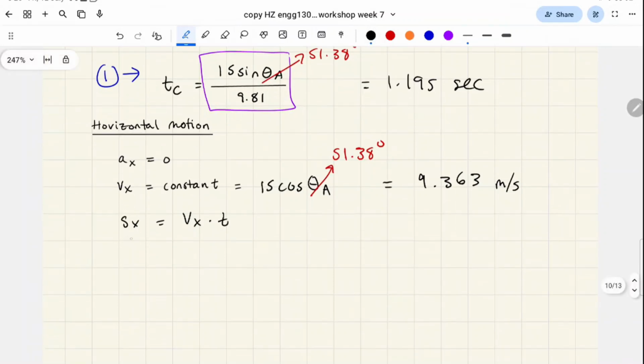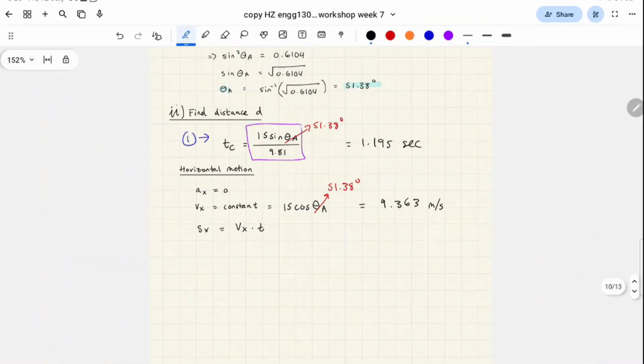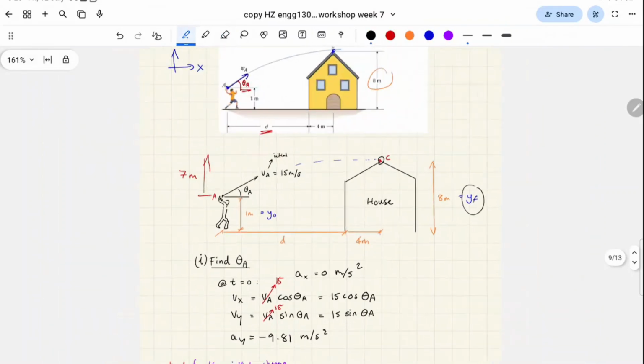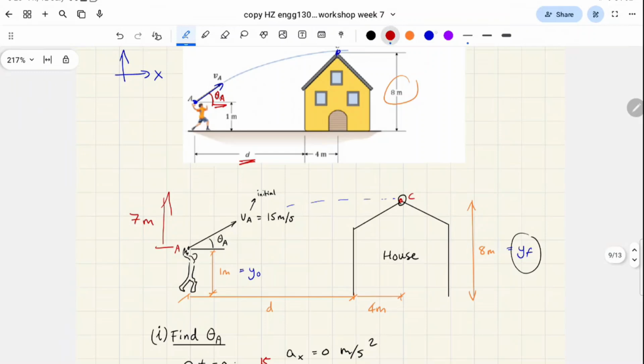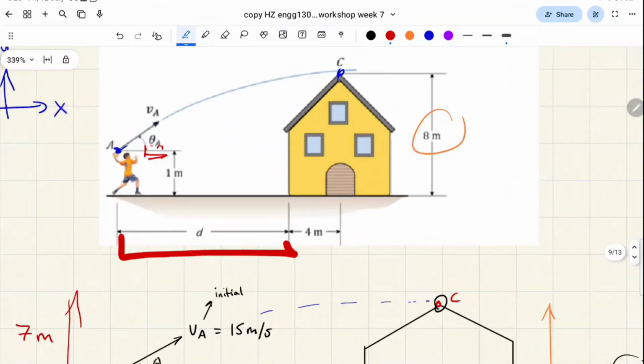So sx, basically we care about this distance d, and so we're trying to find this first.